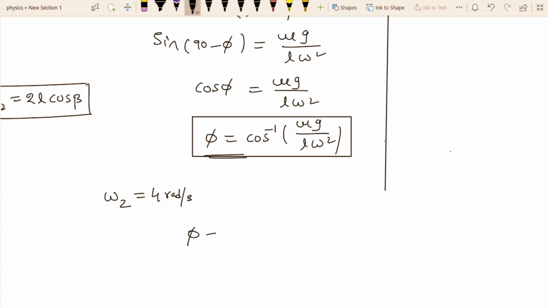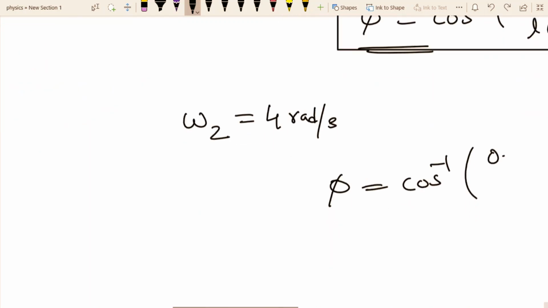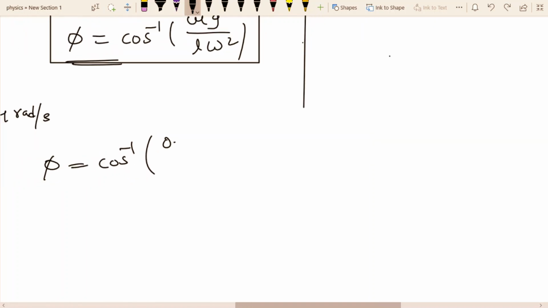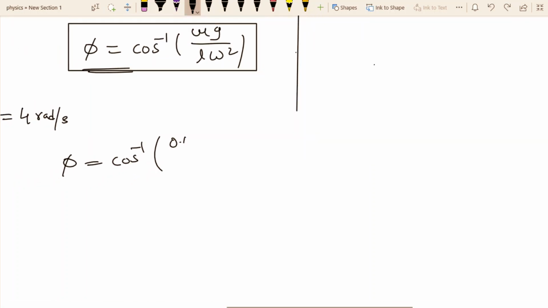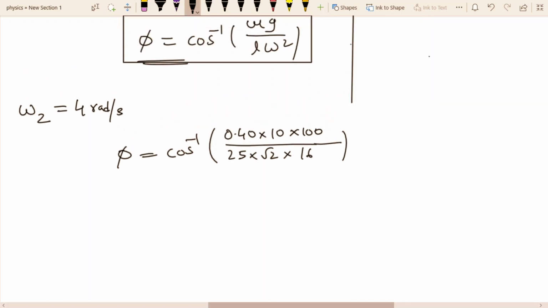So phi is equal to cos inverse, mu value is given as 0.40, into g value 10 into 100, divided by 25 into root 2, into omega square, that is 16, because we are keeping the value of omega 2 as 4 radian per second.